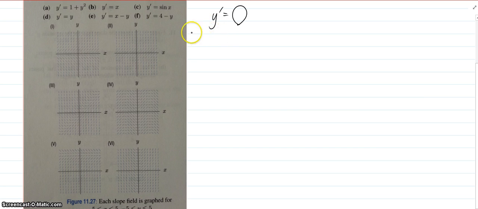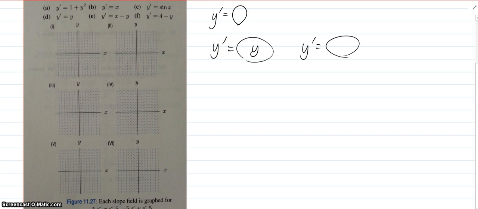So here we can see there are six equations, but actually there's only 3 types of equations. One is y prime equals an expression that only involves the variable y, one is y prime equals only involving the x variable, and one is y prime equals involving both x and y.